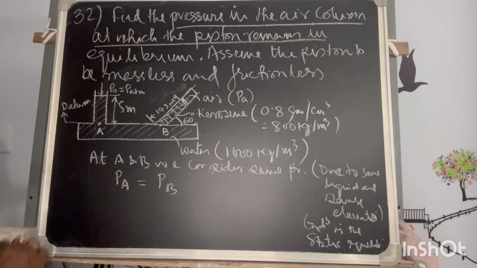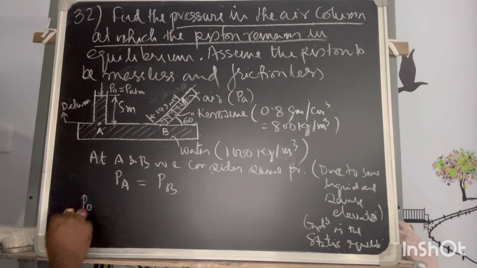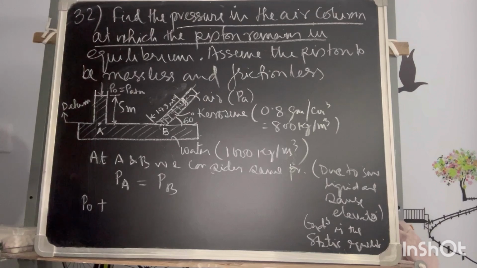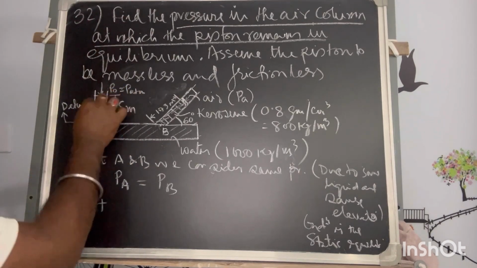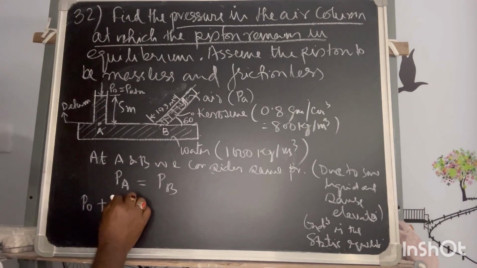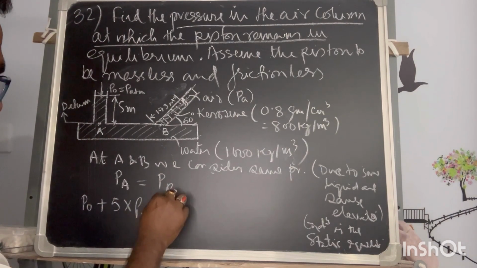Now, how can the pressure at A be denoted? This is the atmospheric pressure P0 plus the pressure due to this water column. Here it is water, this is only kerosene. So this is h into rho of water into g.